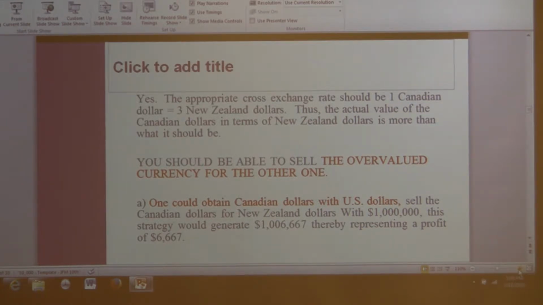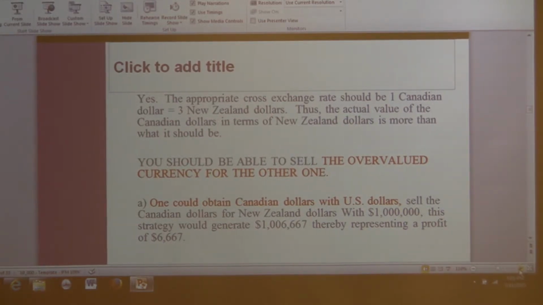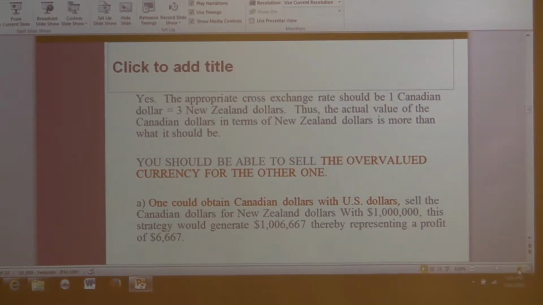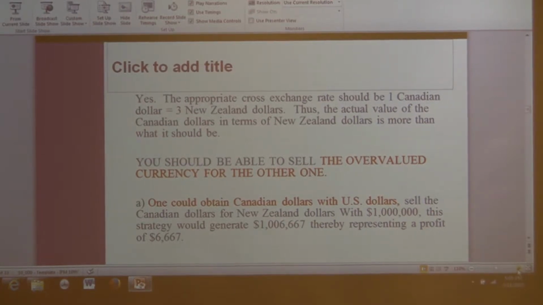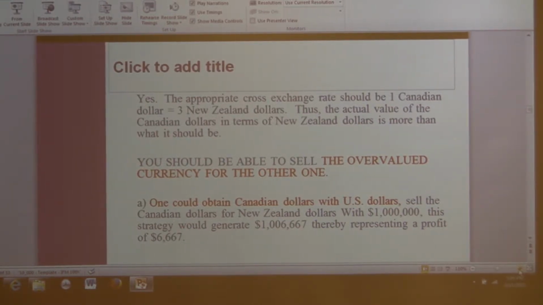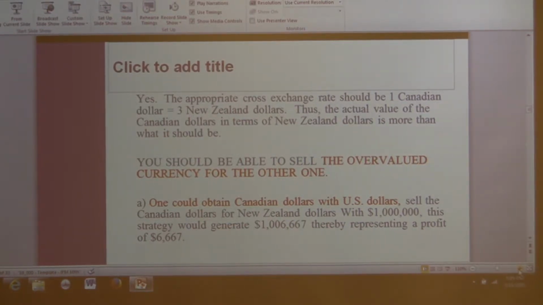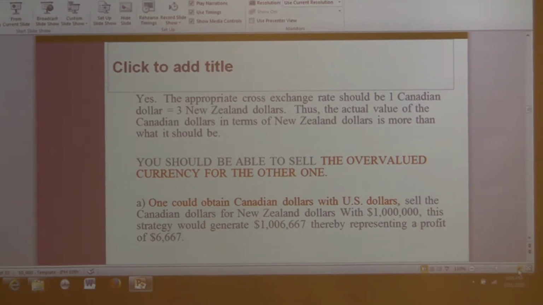Suppose you have $1 million US. What you want to do is buy the Canadian dollar, and here $1 million, okay?